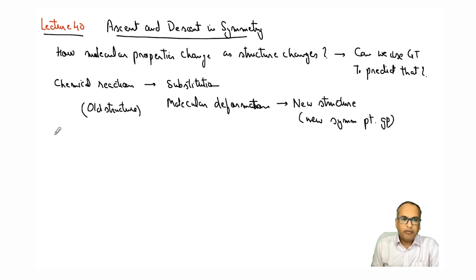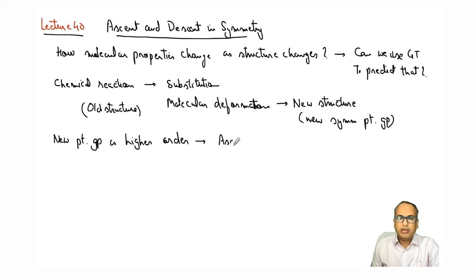So if the new point group is of higher order, then we call it ascent in symmetry, because we are actually increasing the symmetry, right? If the new point group is of lower order, then we call it descent in symmetry. We are decreasing in symmetry, right?